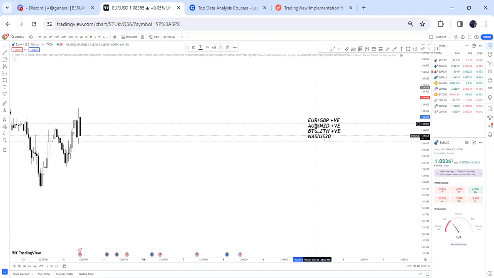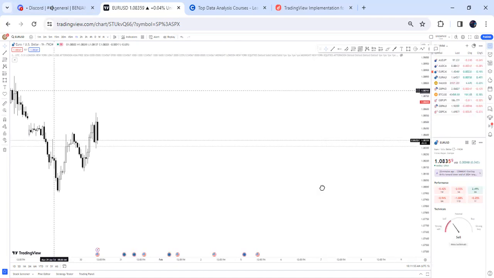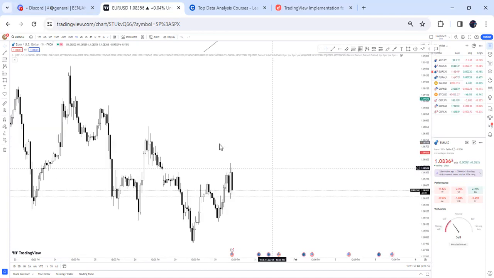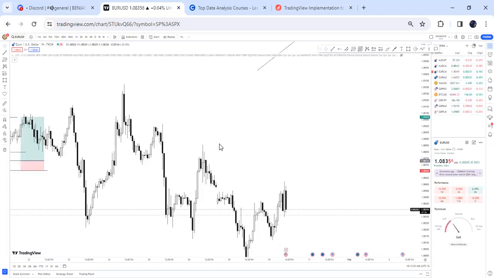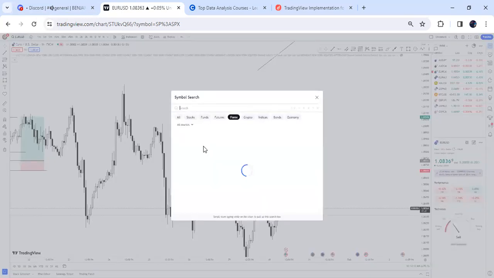Now this is EU. We saw that EU is currently bearish. So let's see if the GU would also be bearish. Going back to GBP USD, the same time frame, the 1 hour.